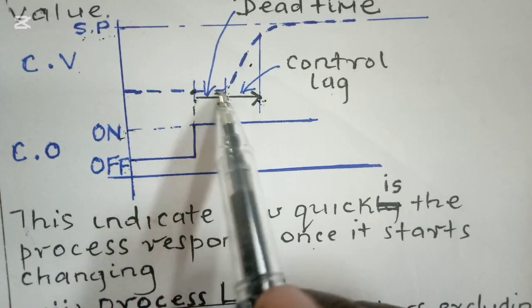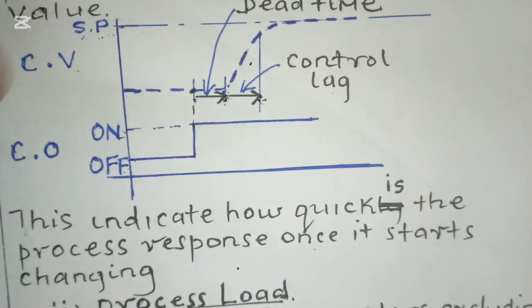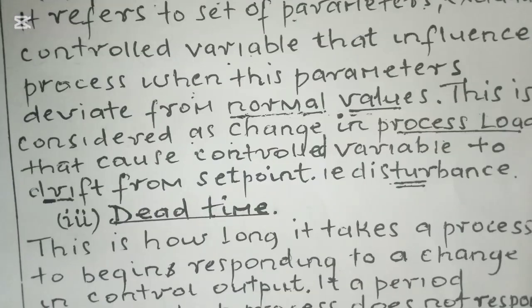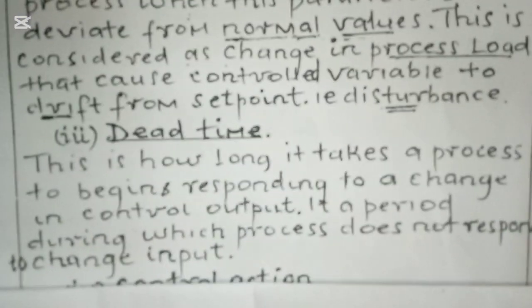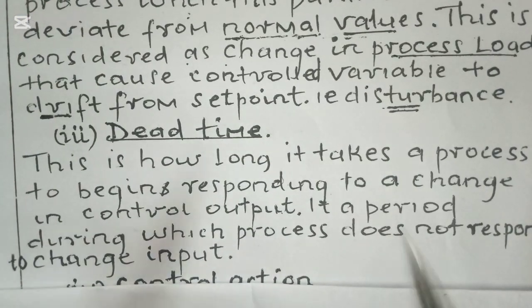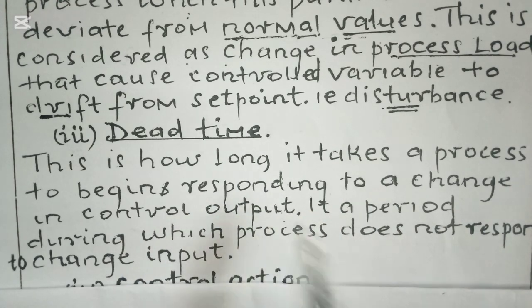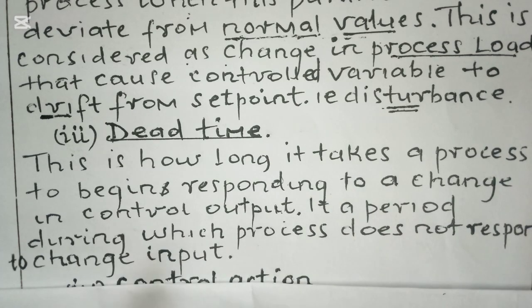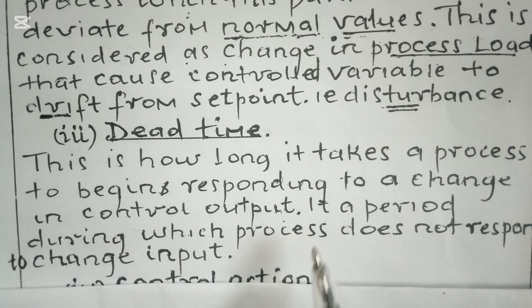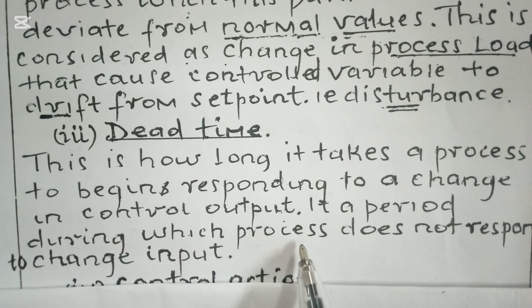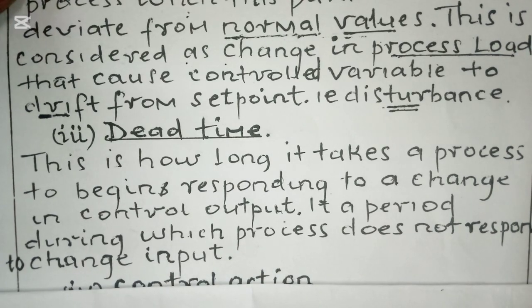It will take time, and that's what we are calling the dead time. This is how long it takes a process to begin responding to a change in control output. It's a period during which the process does not respond to a change in input. In our case of heating water, the temperature remains as it was before the gas is put on. And so that is the dead time.